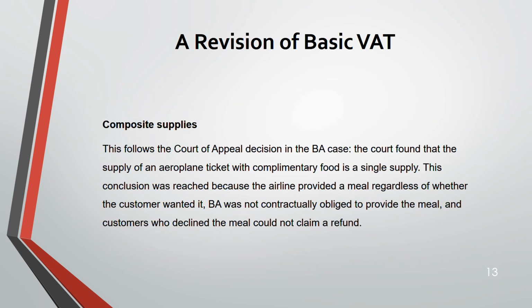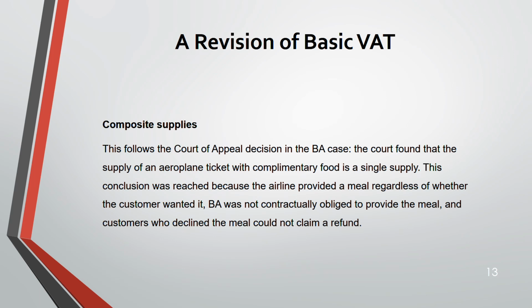Next, this follows the Court of Appeal decision in the BA case. Let's see the case. The court found that the supply of an airplane ticket with complimentary food is a single supply. This conclusion was reached because the airline provided a meal regardless of whether the customer wants it or not. Everyone is given the meal.